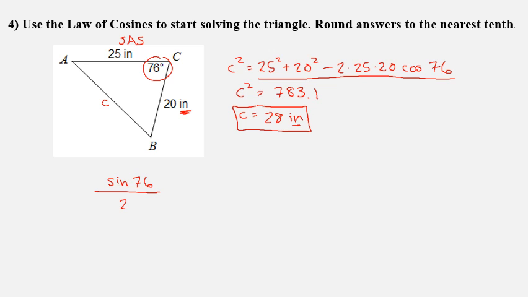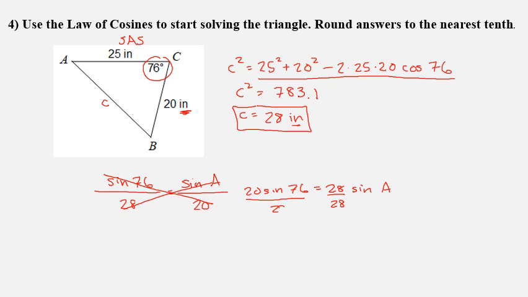So sine 76 over the 28 that we just solved for. Now you could pick either A or B here. It doesn't matter the order that you do it in. So let's say we pick A. If we pick A, then we need to use side little a across from it. So 20 sine 76 equals 28 sine A. And A is stuck there in the sine, so we just have to divide off the 28, and then we'll need to use the sine inverse to get the A out of the sine.